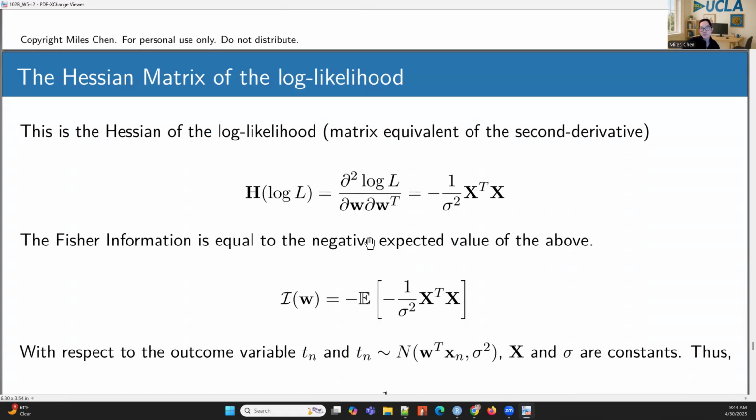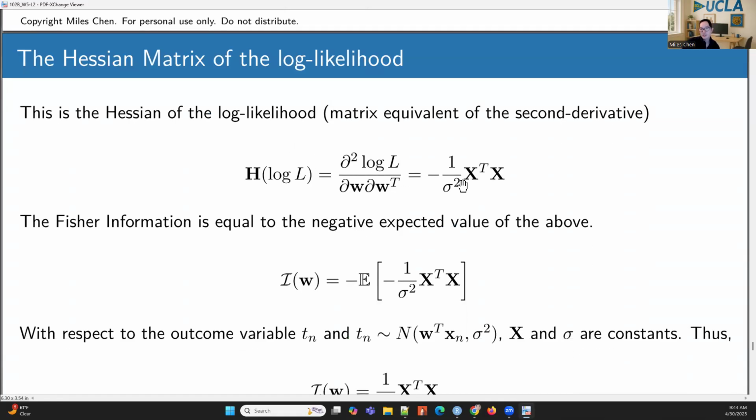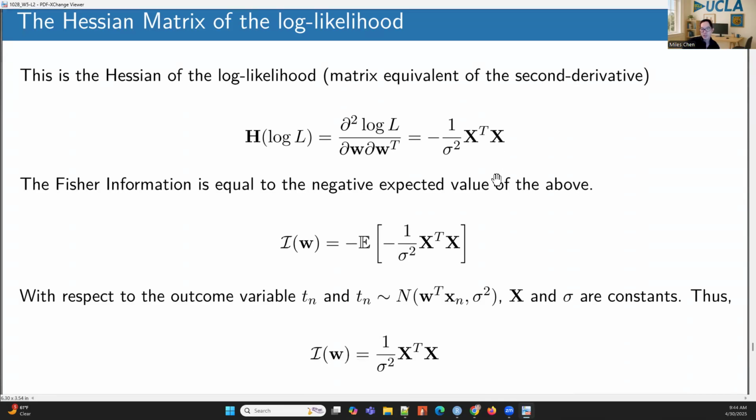So this is the Hessian matrix of the log likelihood, negative 1 over sigma squared X transpose X. And we want to know, what is the Fisher information? That's going to be equal to the negative expected value of this matrix.